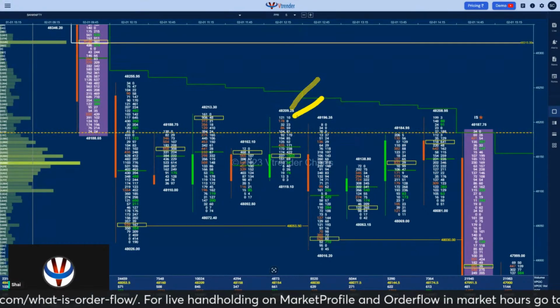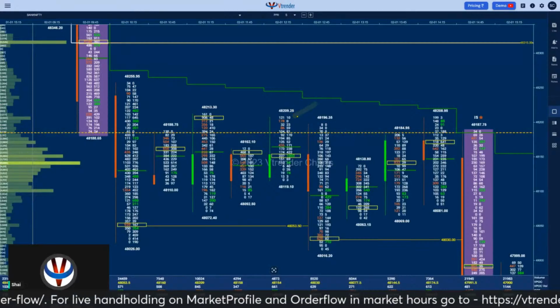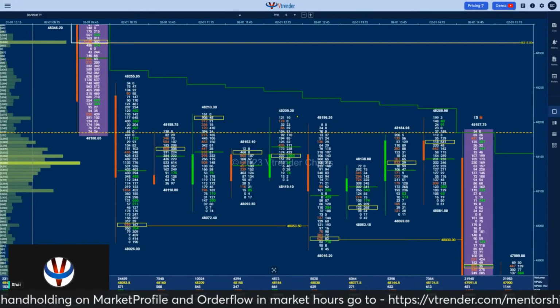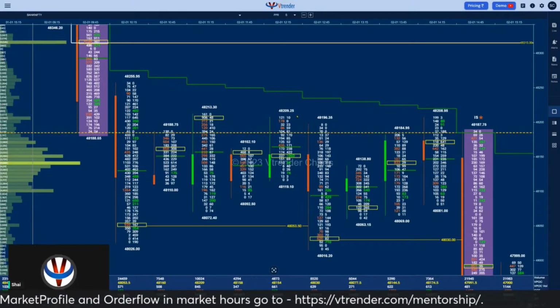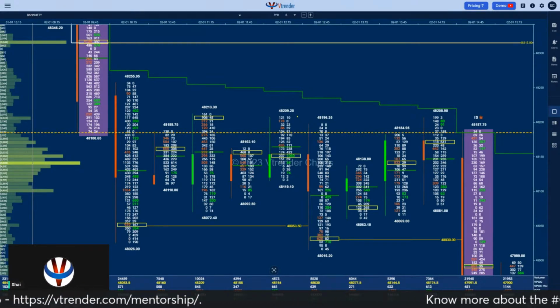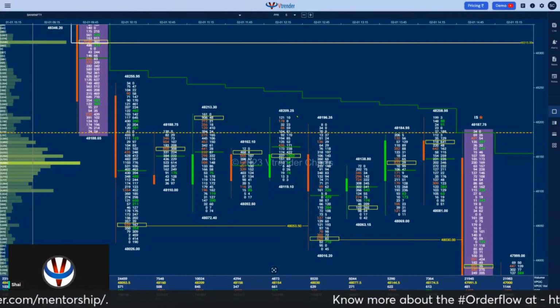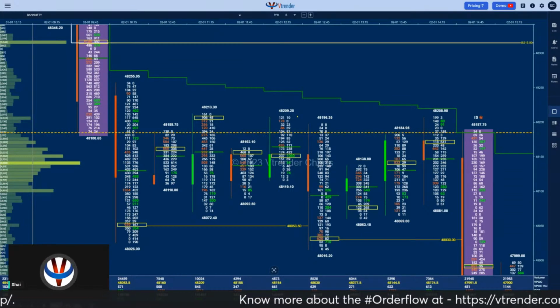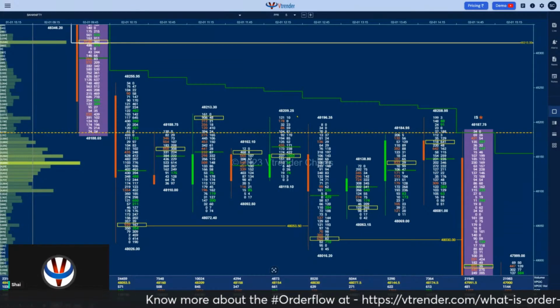The reason we do that is because when you go across various instruments, you get some sort of connection between what has happened across all the instruments.